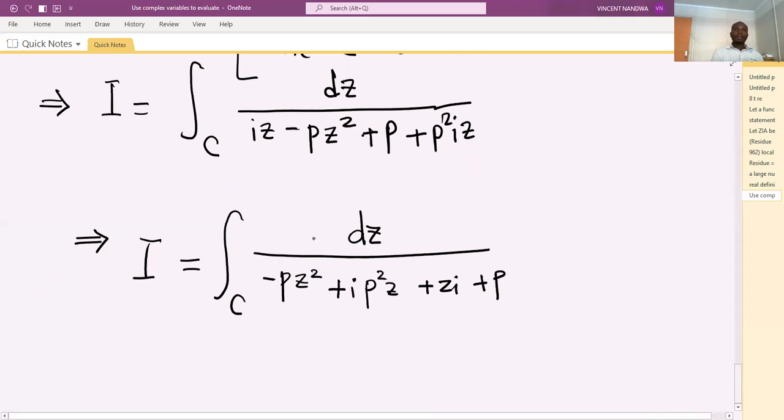Now let's see here, minus p z squared plus i p squared z plus zi plus p. Common here is p.